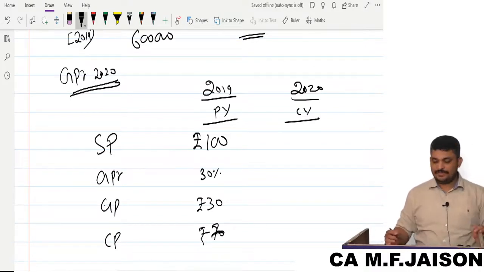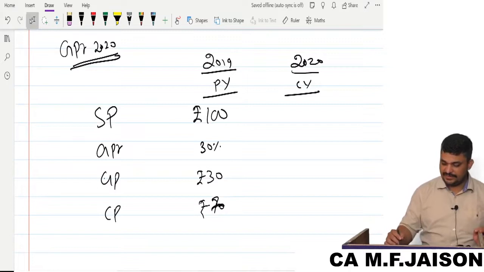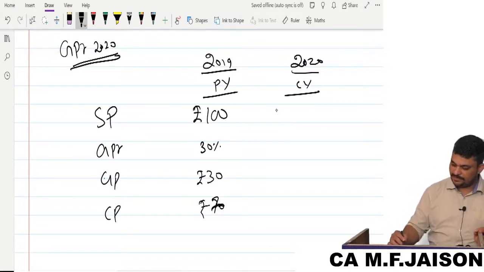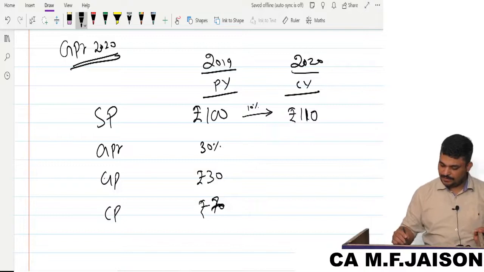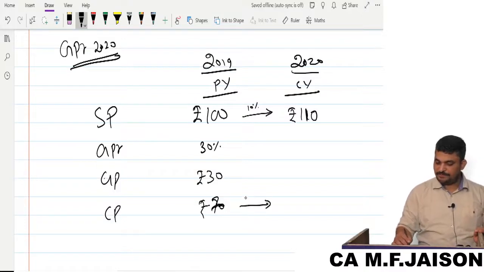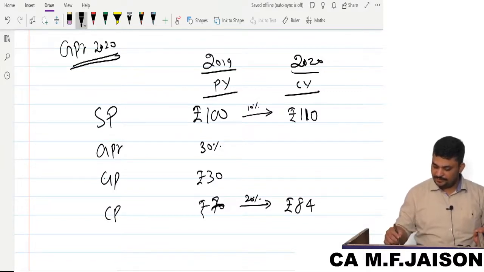Then in the current year, my dear friends, what happens? The selling price increased by 10%, so it is rupees 110. And the cost is increased by 20%, it's 84. So we find the profit is rupees 26.